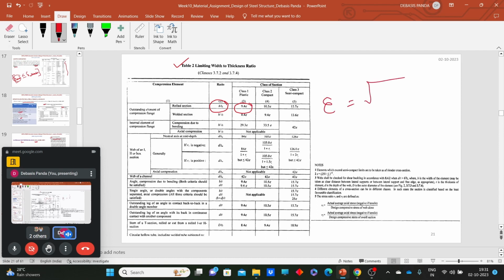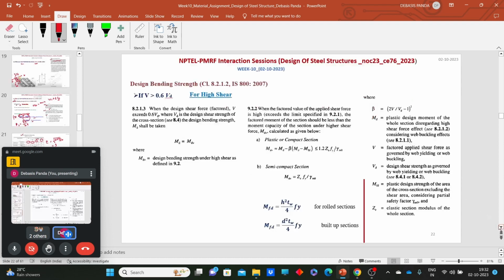Epsilon is nothing but the square root of 250 by Fy. So if the yield strength of the steel you are using is 250, then epsilon simply becomes 1. By this way, from this table, we can identify whether the section we have selected is a plastic, compact or semi compact section, and as per this we find out the different bending strengths. So that was the first case, for low shear.